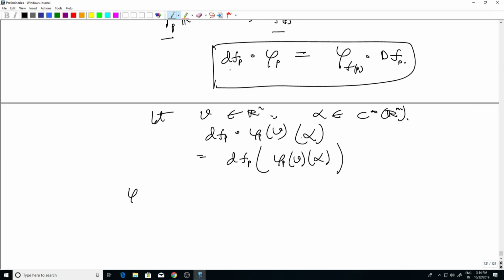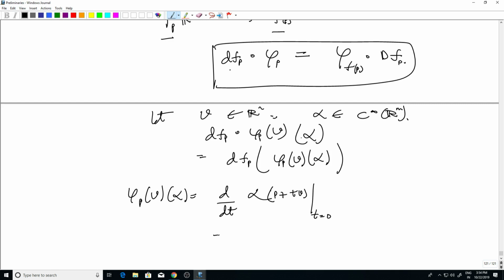So phi_p v alpha is the directional derivative d by dt of alpha of p plus tv at t equals 0. That's the definition.